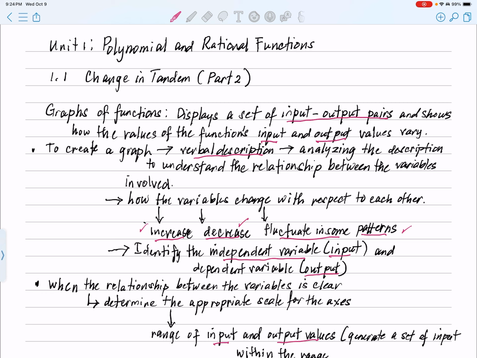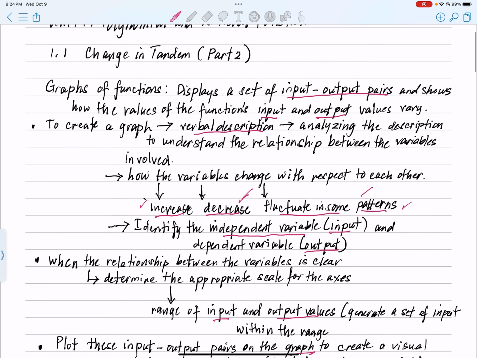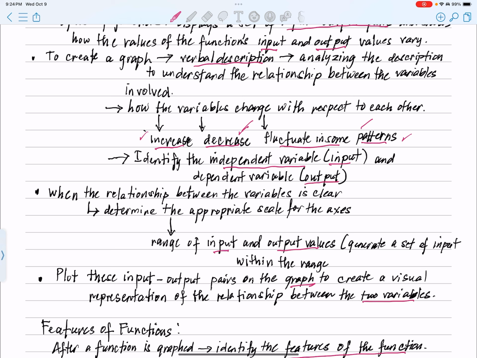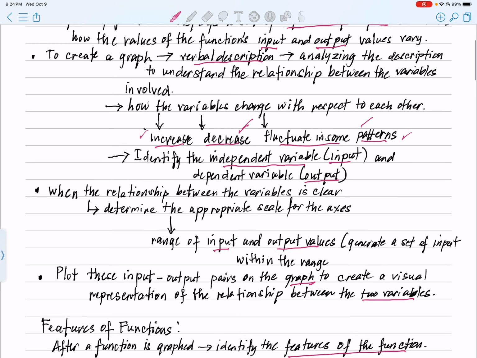That is where we analyze the description to understand the relationship between the variables involved. Remember how the variables change with respect to each other, whether they increase, decrease, or fluctuate in some pattern. Then after doing that, we identify the independent variable, that is the input, and the dependent variable, that is the output.